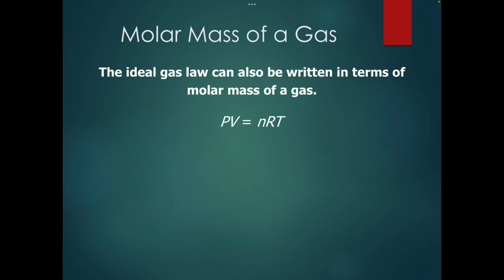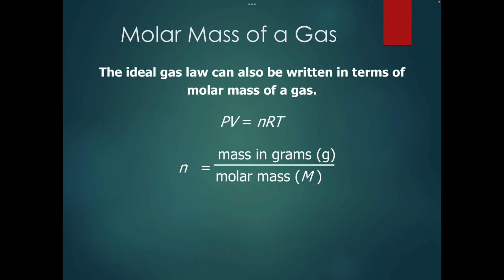So that's pretty cool. So here's our ideal gas law, just like normal, PV equals nRT. And so we can actually rearrange our definition of molar mass to solve for the number of moles. So normally molar mass, or capital M, is grams per mole. Or in this case, since we're using n as the number of moles, we can say it's grams per n, essentially.